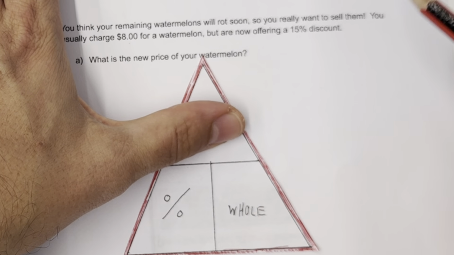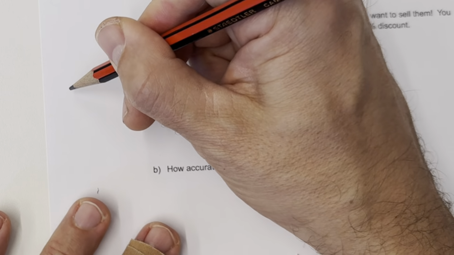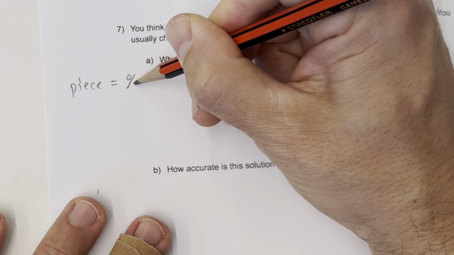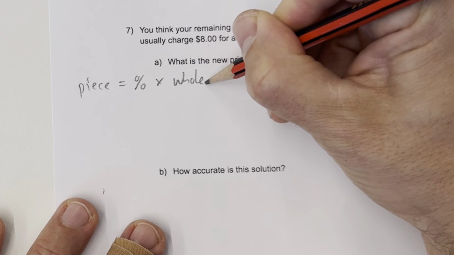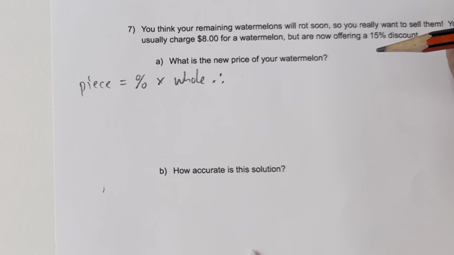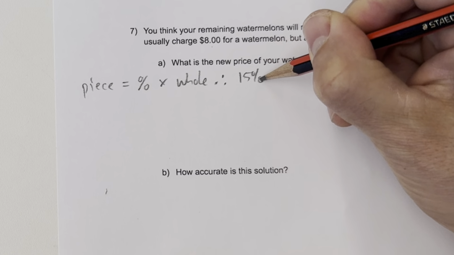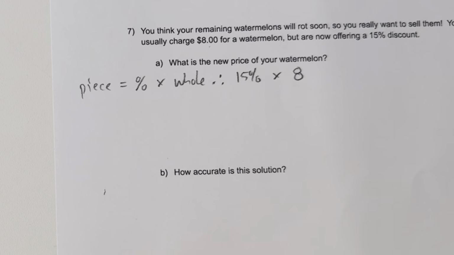So again, remember, piece is just percent times whole. So I have my piece, it is my percent times my whole. Just filling in here, my percent discount is 15%. I'm gonna multiply that by the total of $8.